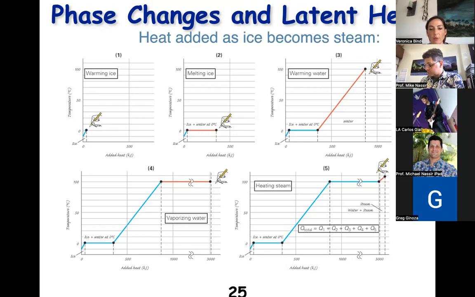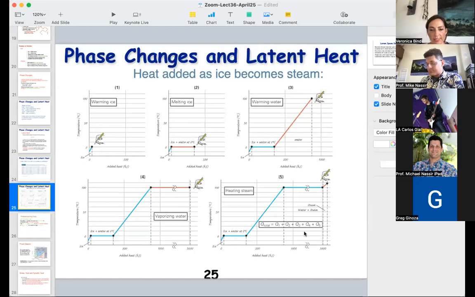So here, if we want to see all the heat provided to the system, we need to add all the heat that has been provided for each of these phases. Okay, so Q total is Q1 plus Q2 plus Q3 plus Q4 plus Q5.